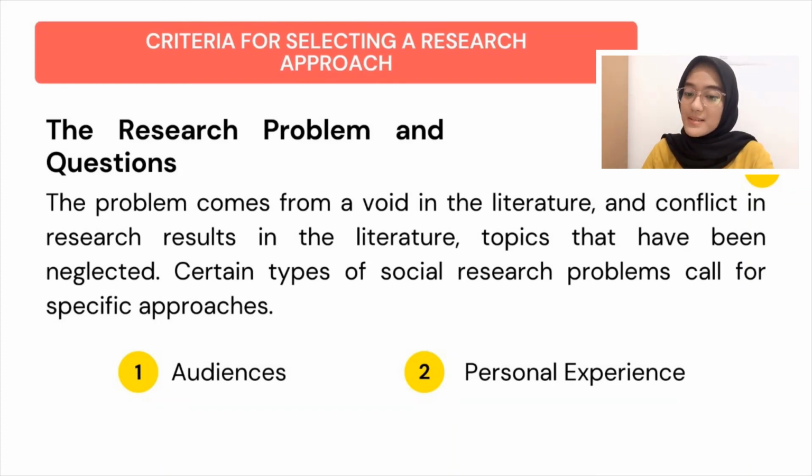Personal experience. Researchers' own personal training and experience also influence their choice of approach. An individual trained in technical, scientific writing, statistics, and computer statistical programs and familiar with quantitative journals in the library would most likely choose the quantitative design.